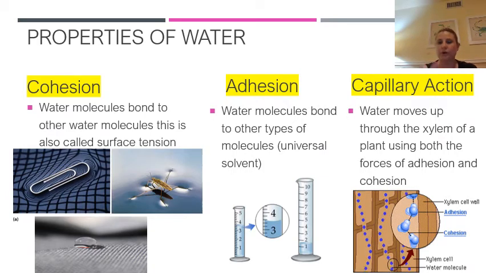So adhesion, the water molecules are attracted to the sides of the straw, the xylem. And because one water molecule is attracted to other water molecules, when one moves up, the other ones move with it. So you can see that in that picture there. So capillary action is how water moves up through the roots of plants, okay, all the way up to the top branches. And it's mostly through the use of adhesion with a little tiny bit of cohesion.